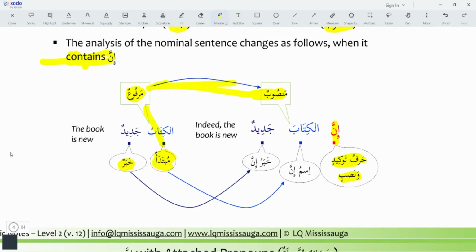Al-kitabu was marfu, so this al-kitabu changed into the mansub. Here it was mubtada, and after using inna, it is no more mubtada. It is ismu inna. And jadidun is no more khabar. Jadidun is khabru inna.